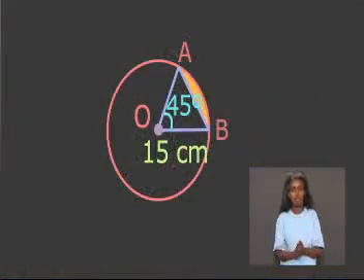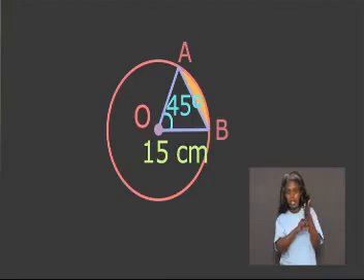Good. Now it is time for an activity, students. We will give you a chance to use some of those formulas. Observe this circle. You can see that it has a segment cut out of it.